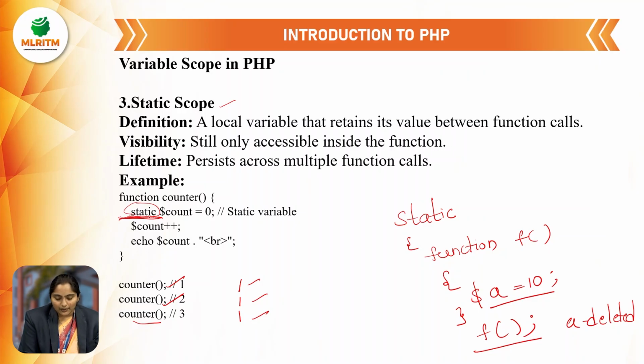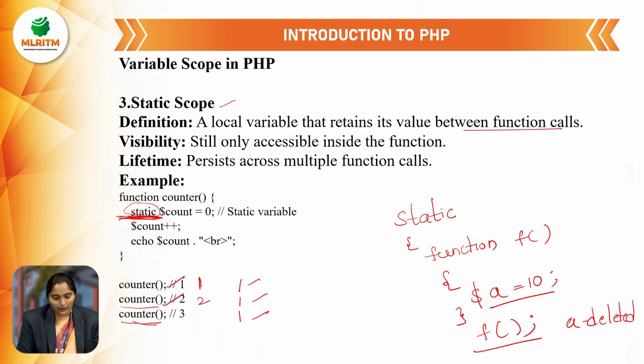And see, whenever you mention the variable as static, it will remember and retain its value between the function calls. So the first time we call the counter function, the value is 1 and it will hold the value. Why? Because the count variable is static. Whenever you call the counter function a second time, this value will be incremented to 2.